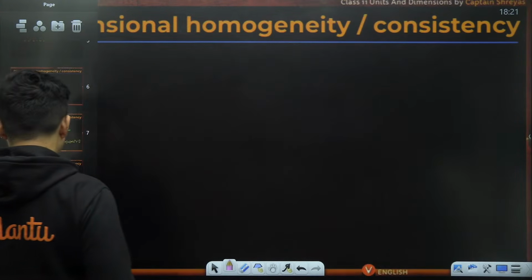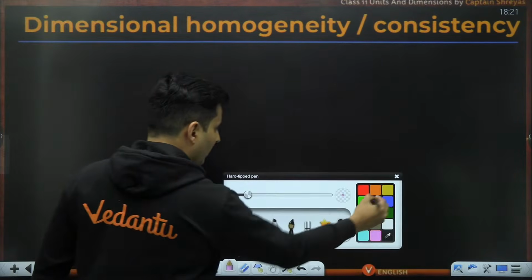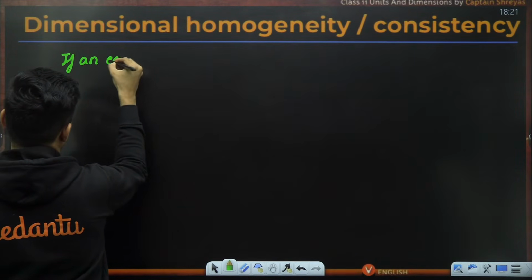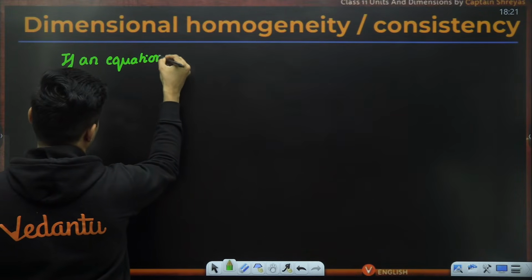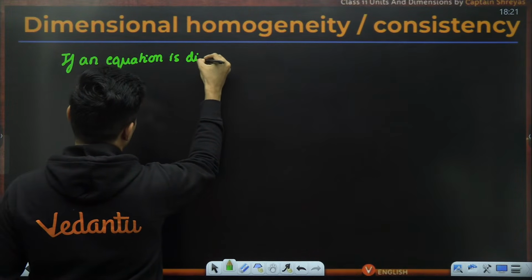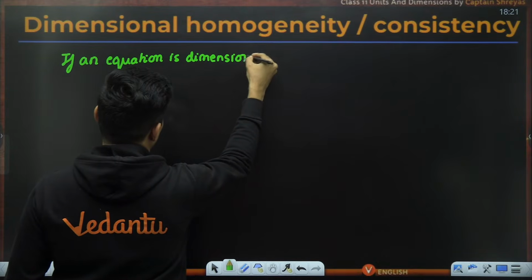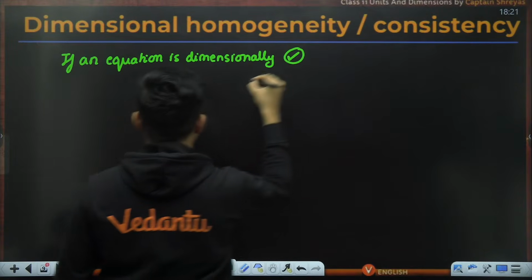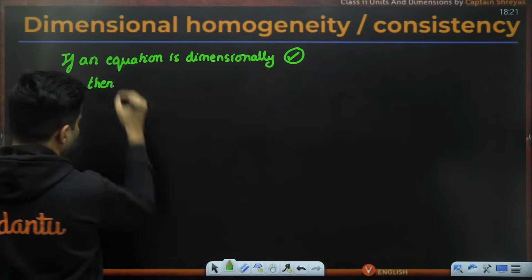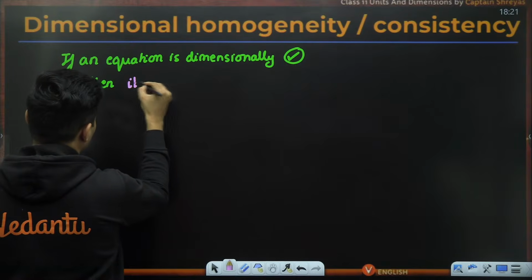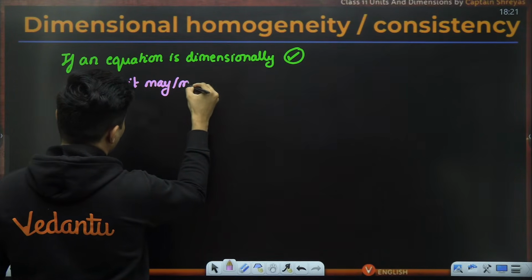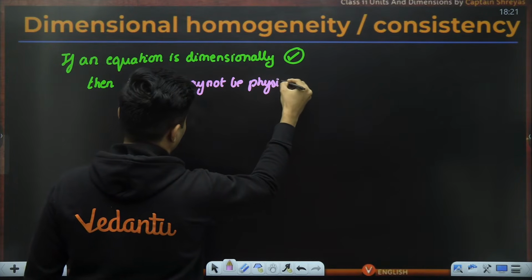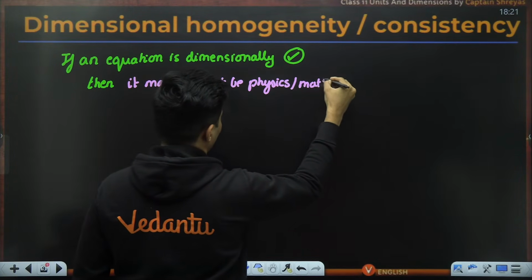Okay? Shall I write it down as a rule for you? So if an equation is dimensionally correct, then it may or may not be correct, physics or maths wise, or basically science wise.